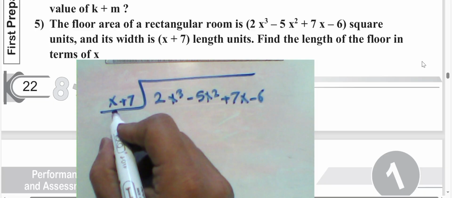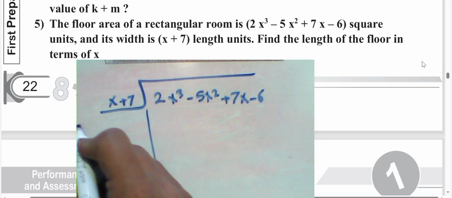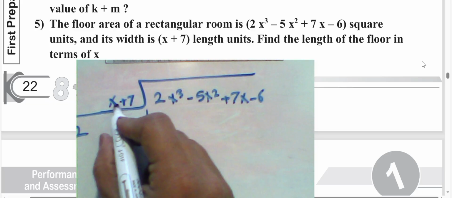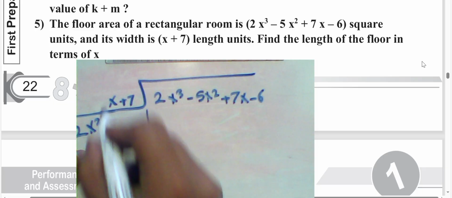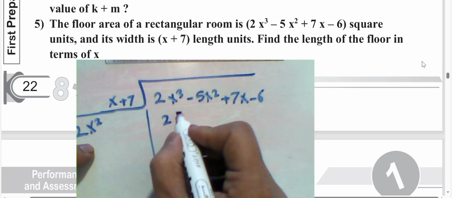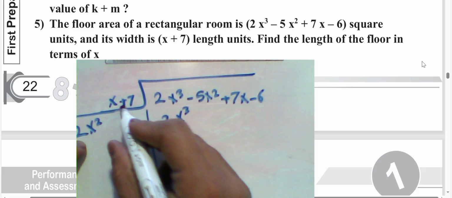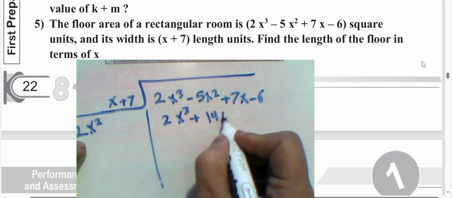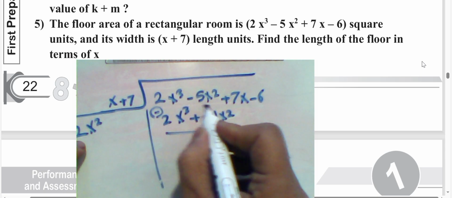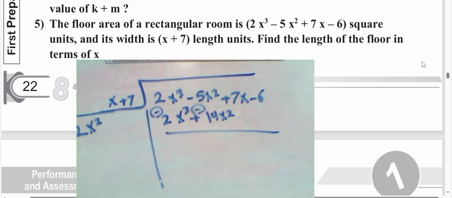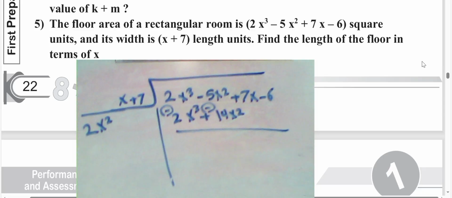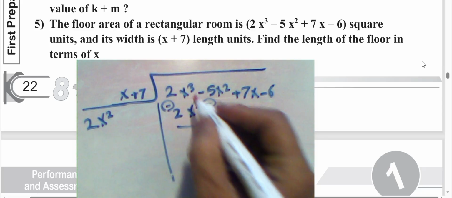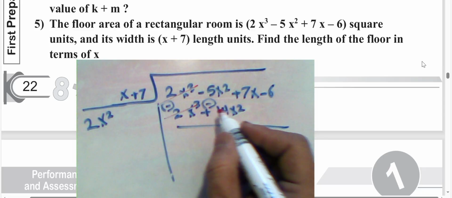2x power 3 divided by x, 2 divided by 1 equals 2, and x power 3 divided by x is x power 2. 2 times 1 equals 2, and x power 2 times x gives x power 3. 2 times 7 is 14. Right, negative. Find the difference between the two expressions, negative 5x and negative 14.